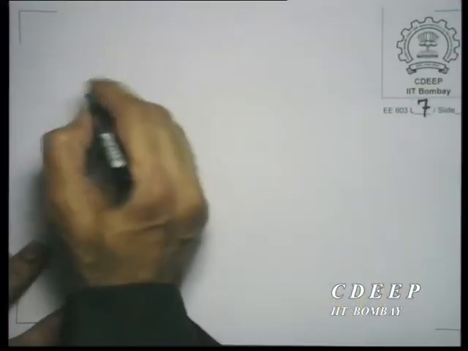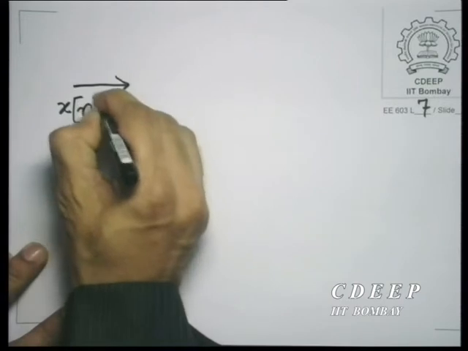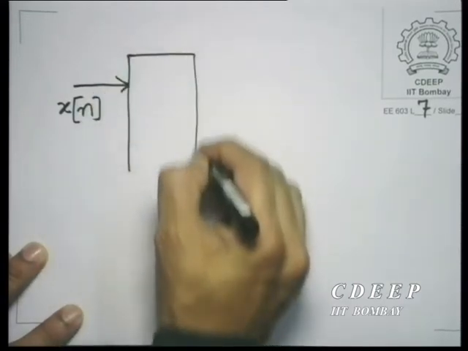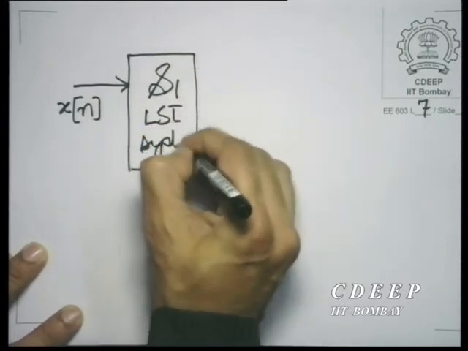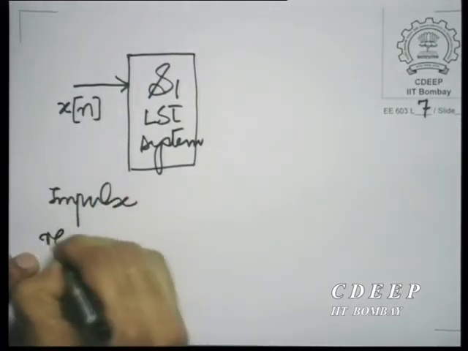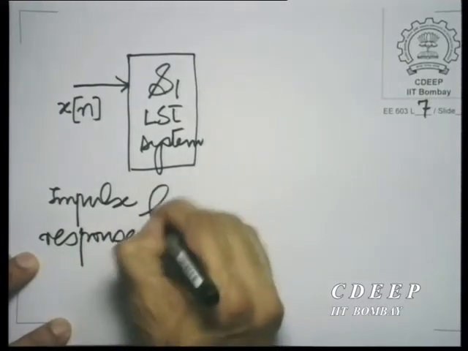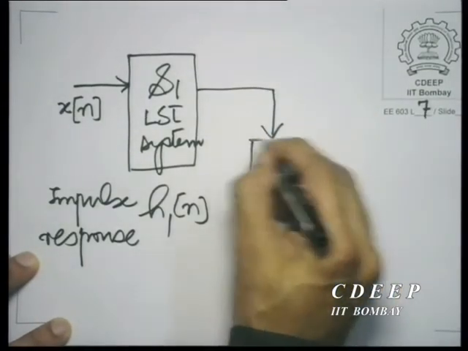In fact, let us take a situation where we have cascaded two LSI systems. So, let us consider a situation where we have an input x of n being applied to one LSI system, let us call it S1, with impulse response h1 of n, the output of which goes to a second LSI system.